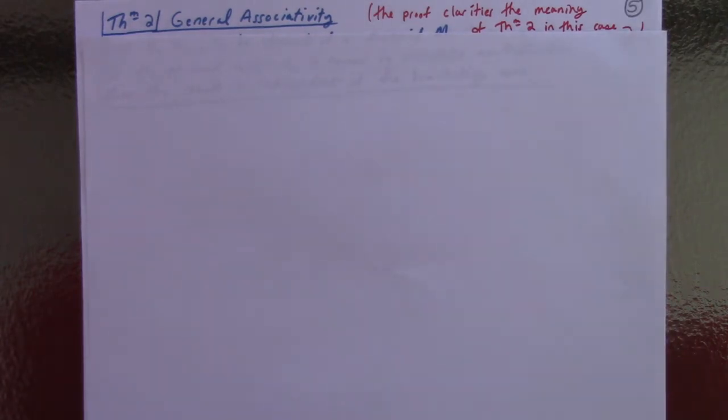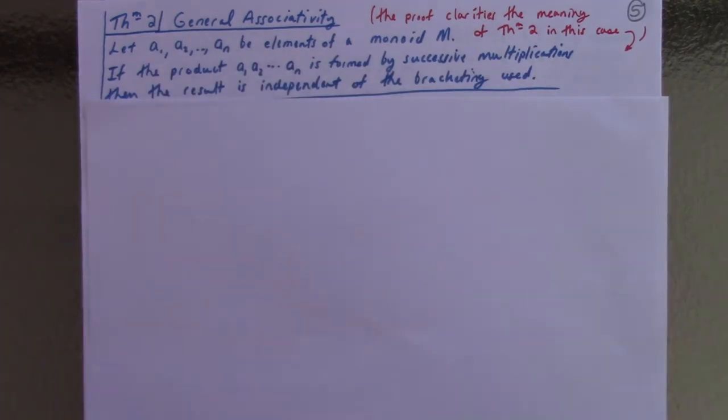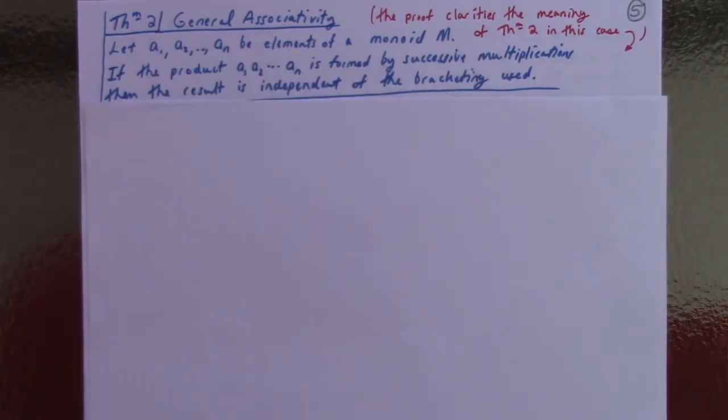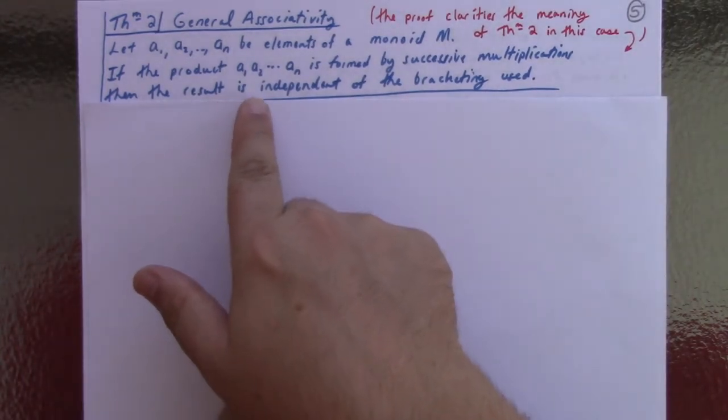Generalized associativity. So the neat thing is, if you have associativity of 3 things, you can just as well have associativity of 4, 5, n things. So here we go. Let A1 through An be elements of a monoid.